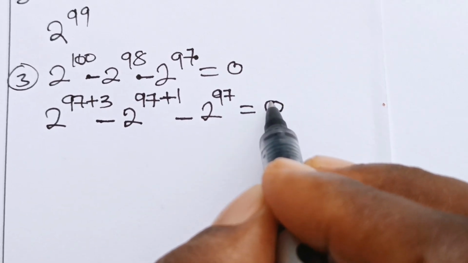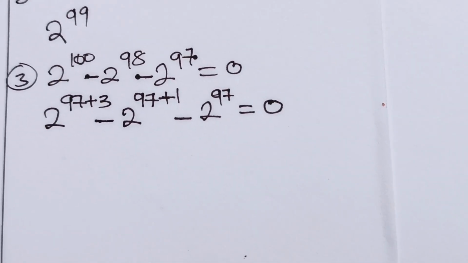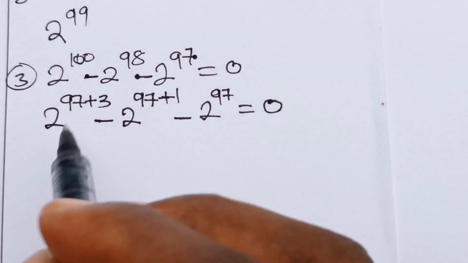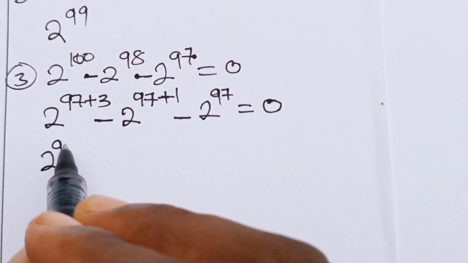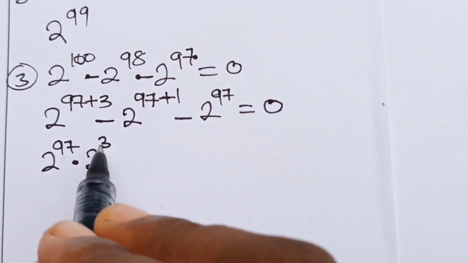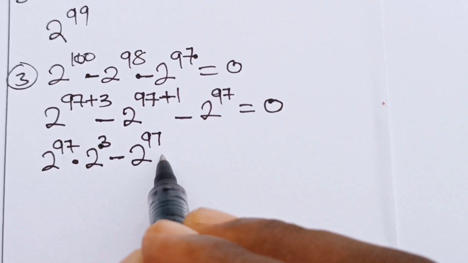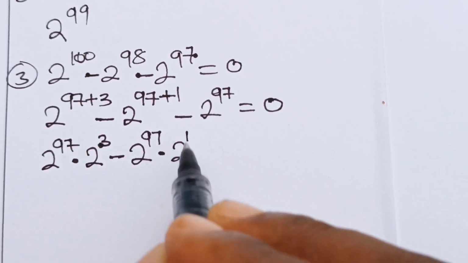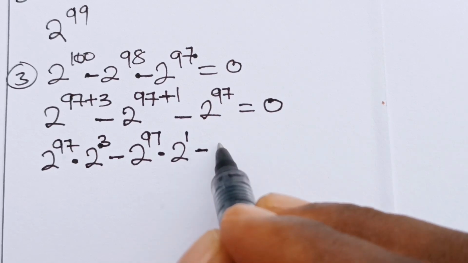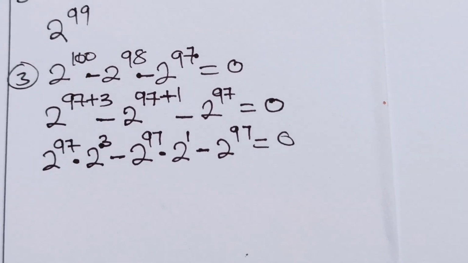Okay, so we are going to express them the normal way. We can write this as 2 to the power of 97 multiplied by 2 to the power of 3, minus 2 to the power of 97 multiplied by 2 to the power of 1, minus 2 to the power of 97.